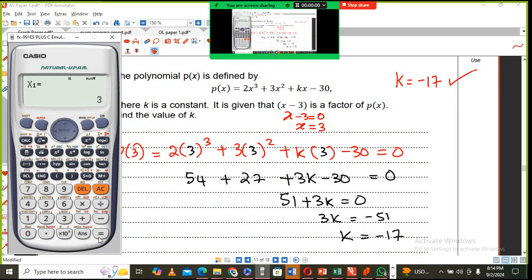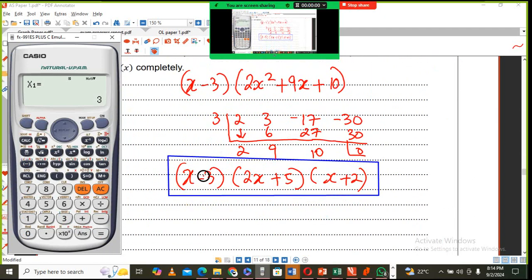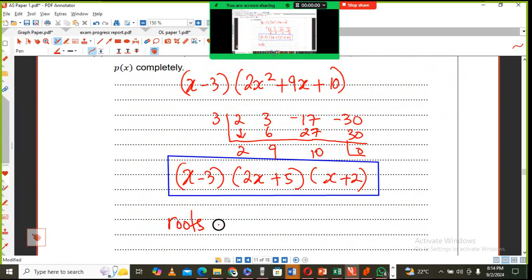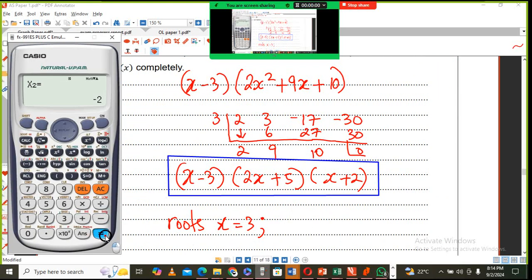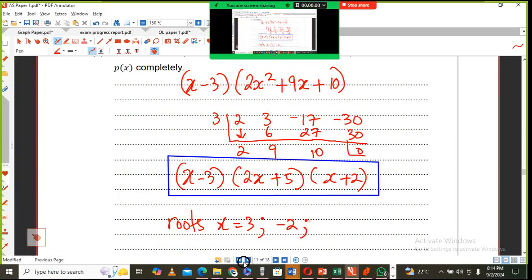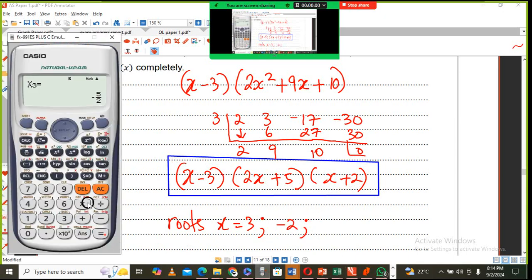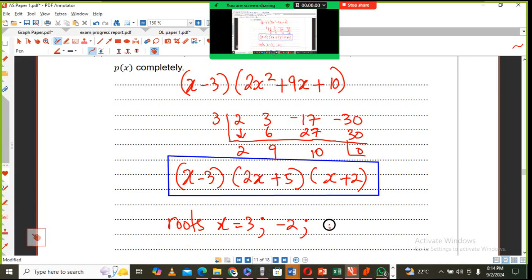It's going to give you the answers. These are the roots. x equals 3, the next one will be x equals negative 2, and the next one will be x equals negative 5 over 2.